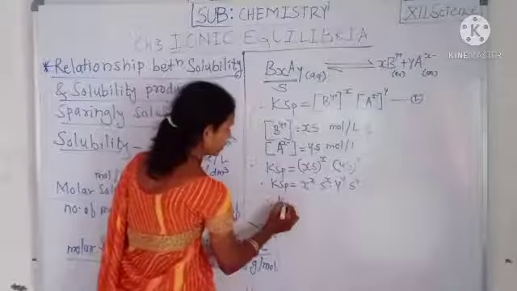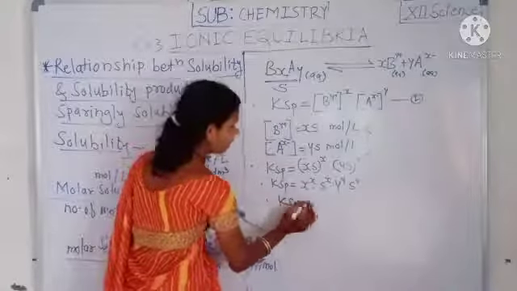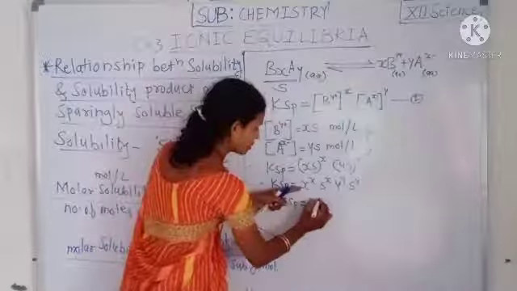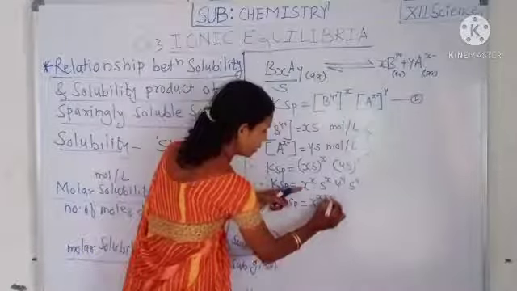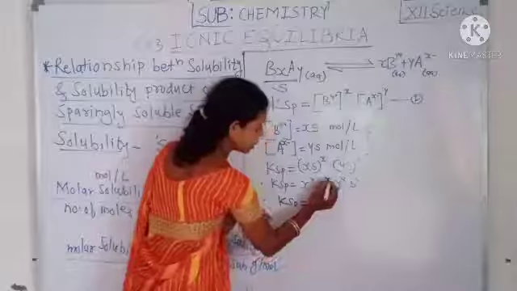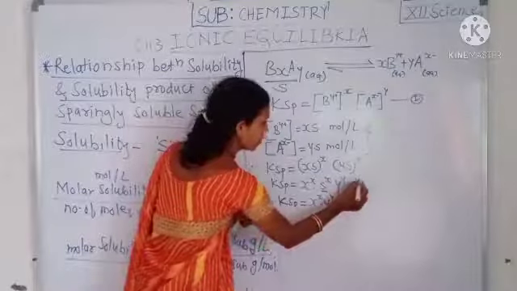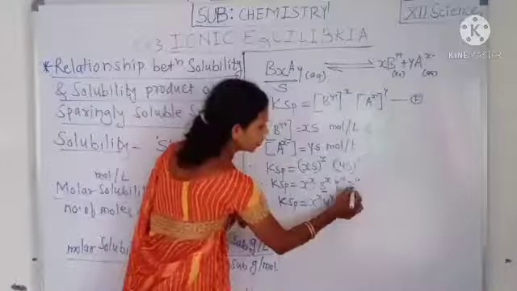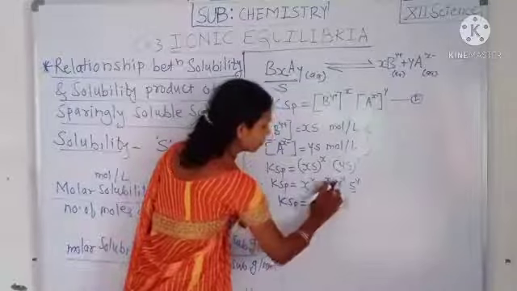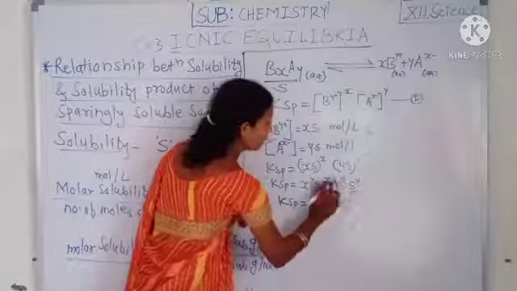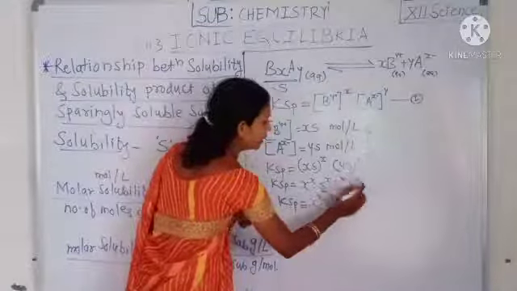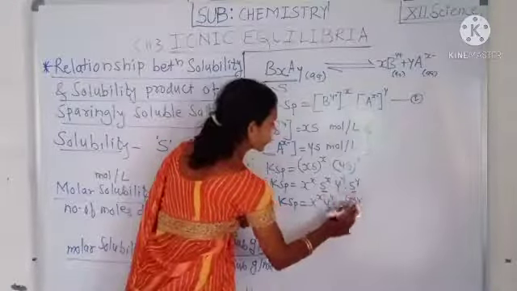Therefore, Ksp is equal to x^x into y^y, and here S^x into S^y. Here the base is common, that is S. Therefore, adding the indices, the degrees, we get x plus y.